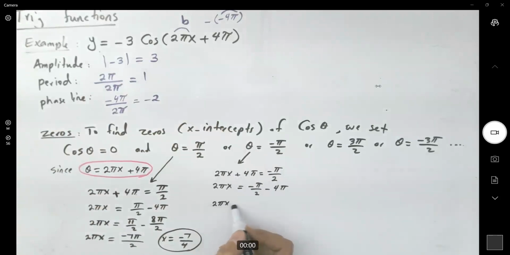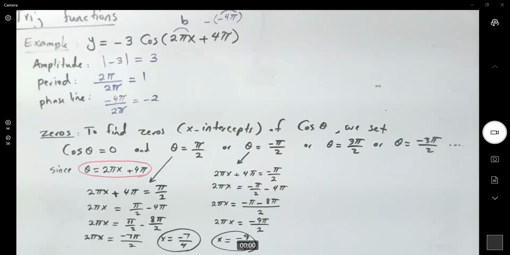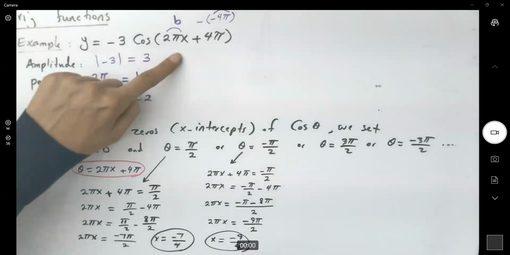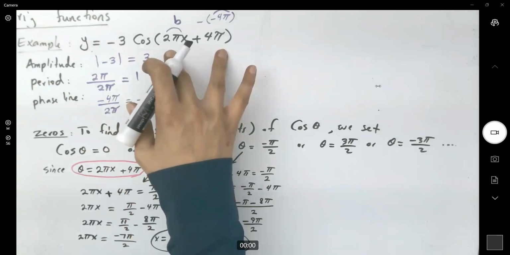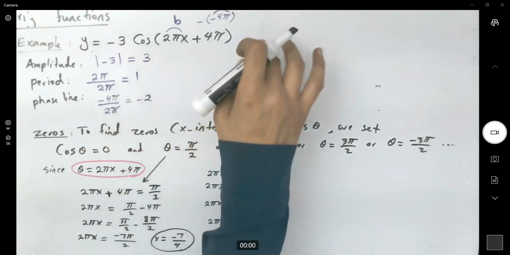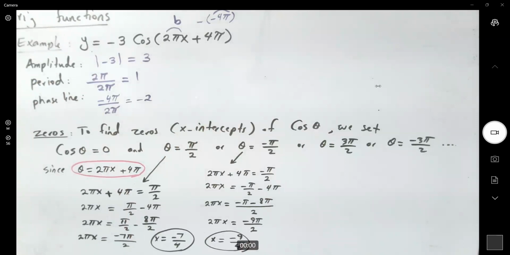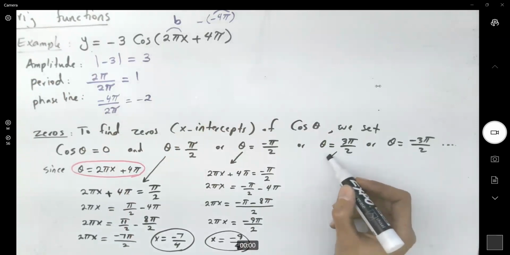So 2 pi x is equal to negative pi minus 8 pi divided by 2, or 2 pi x is equal to negative 9 pi over 2, or x is equal to negative 9 over 4. I found the second x value that if I plug that into this quantity, my cosine becomes 0.